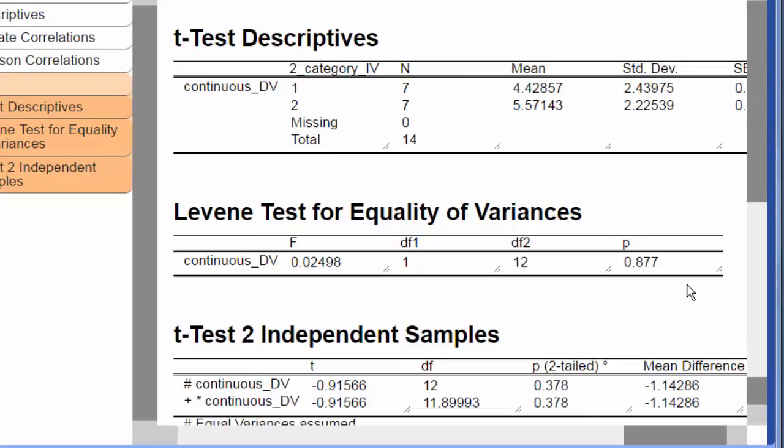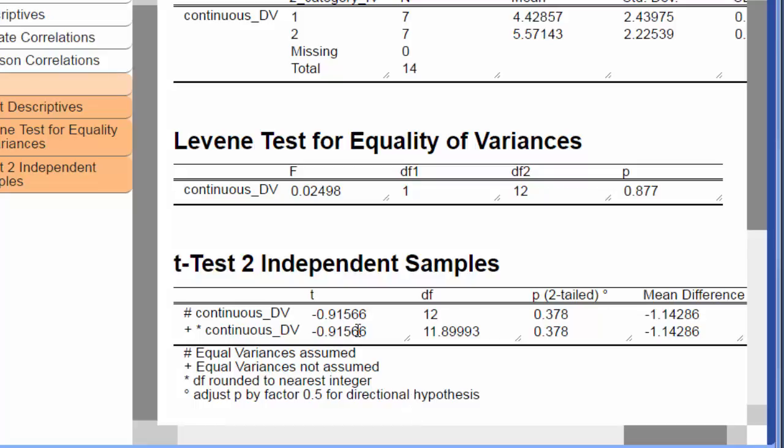Click on OK, and now you have a t-test where you have a difference in means, and at the bottom you have a value for t. Choose the top row if Levene is not significant. Choose the bottom row if Levene is less than 0.05. You report the t value, the df, and the p. That's all there is to a t-test.